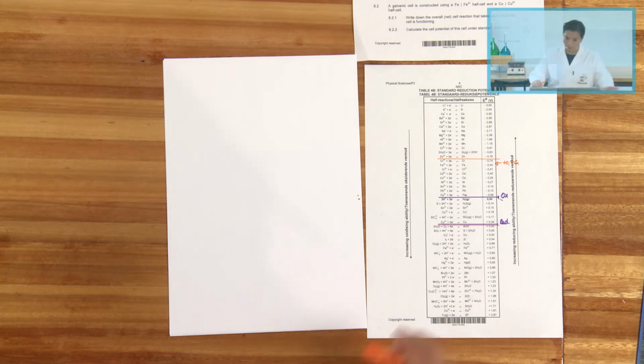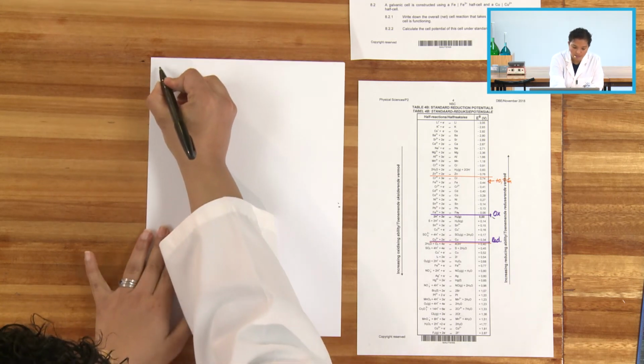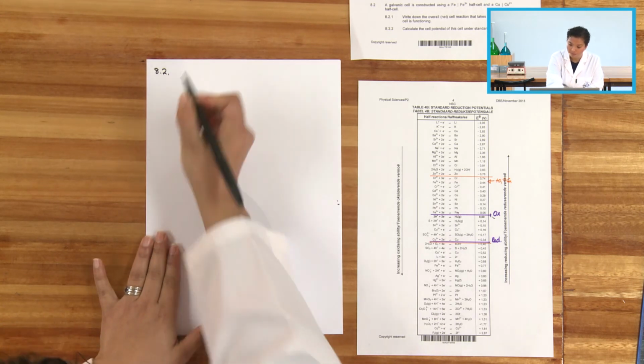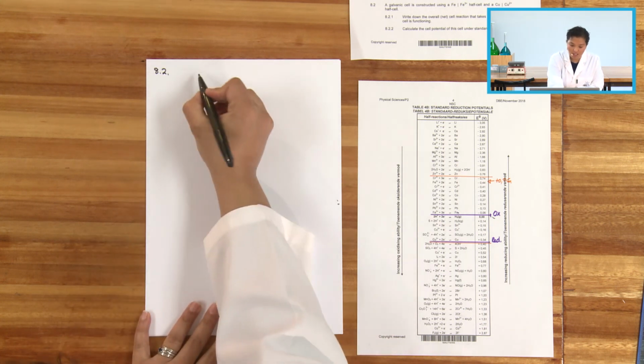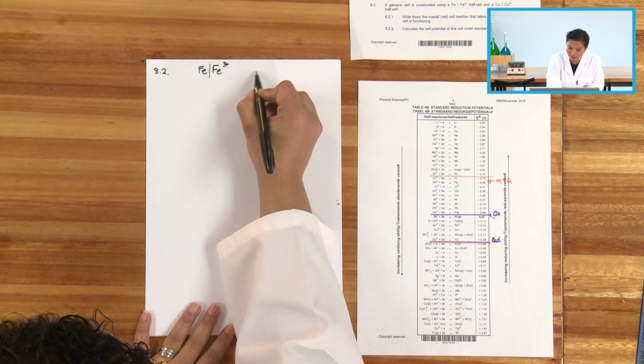Let's just use some clean paper. So we write these as they exist. 8.2, I'm just going to write this here as a reference.